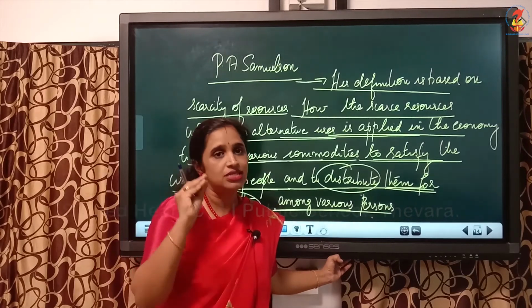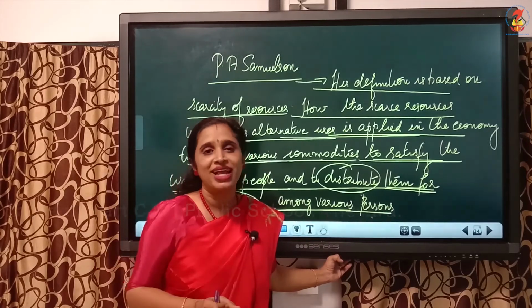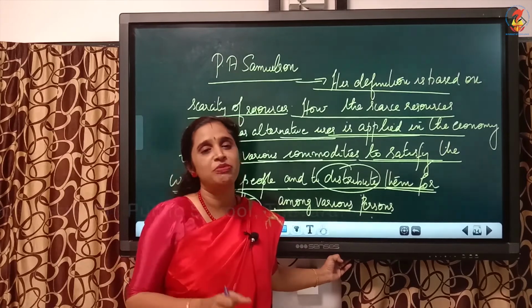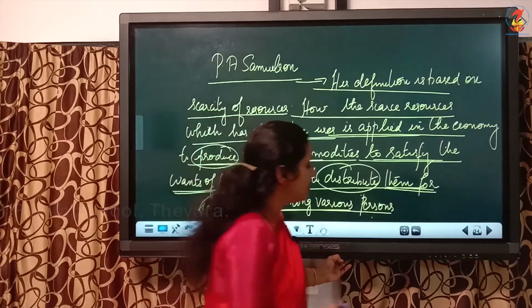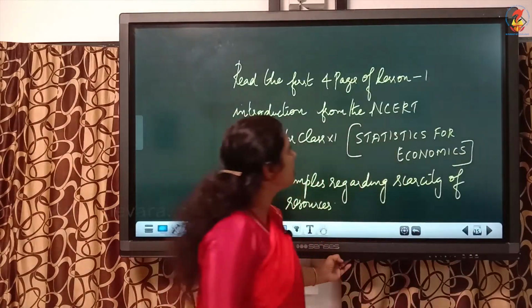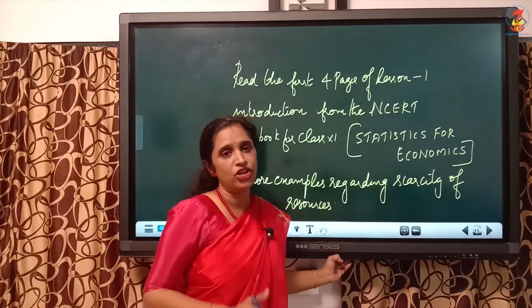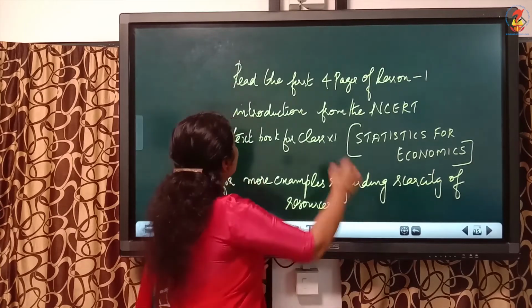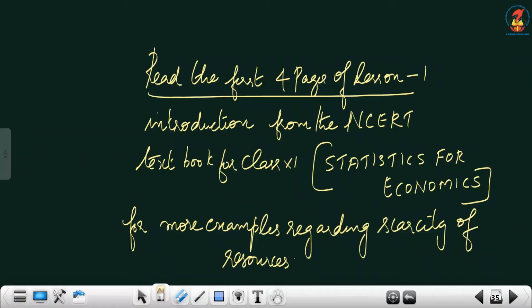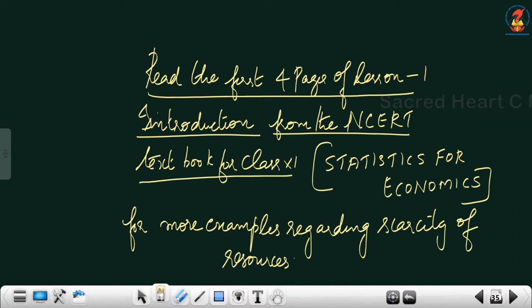But in the statistics textbook, chapter 1 starts with the definitions given by different economists regarding economics. Mainly the definitions given by three economists are in your textbook in chapter 1. So, what you have to do is read the first 4 pages of lesson 1, Introduction, from the NCERT textbook for class 11.